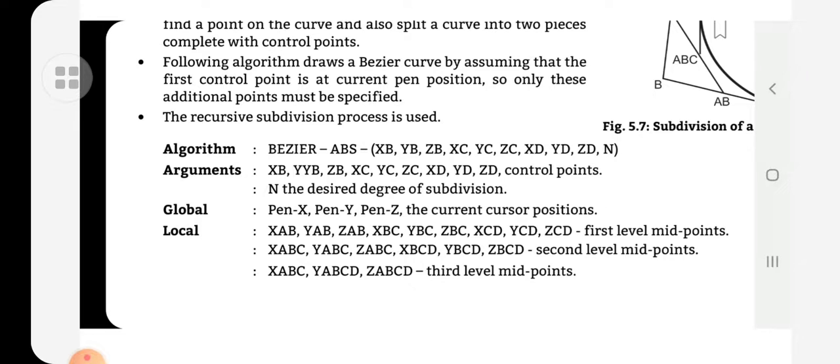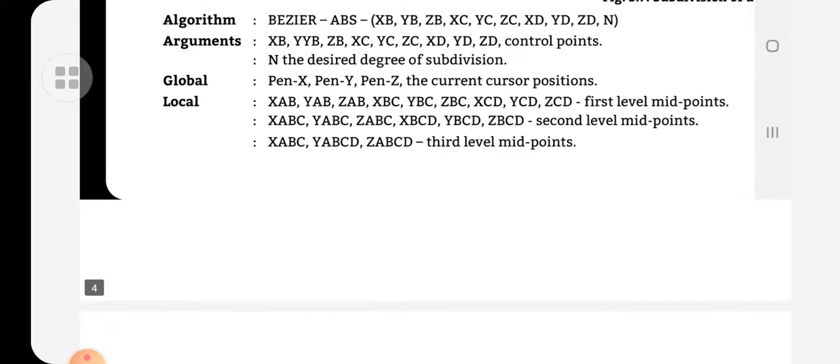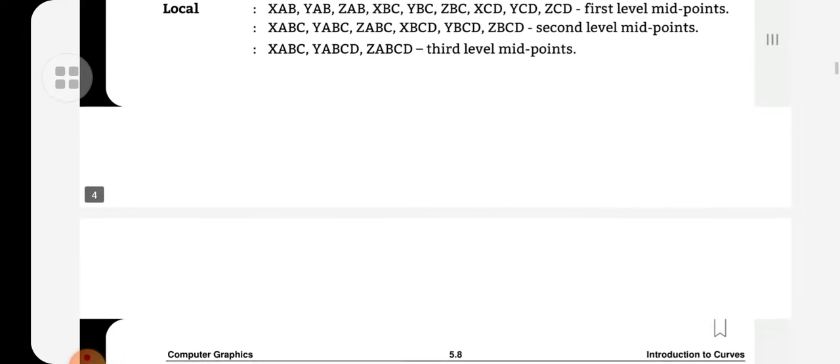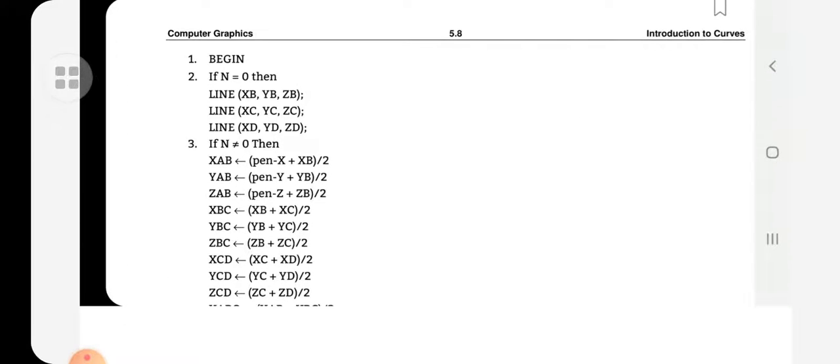The procedure is Bezier ABS with arguments XB, YB, ZB, XC, YC, ZC, XD, YD, ZD and N, and then globals and locals are explained. The first level midpoints are the x coordinates, the second level midpoints are the y coordinates, and the third level midpoints are XABC, YABC, ZABC and XABCD. Here is the algorithm.